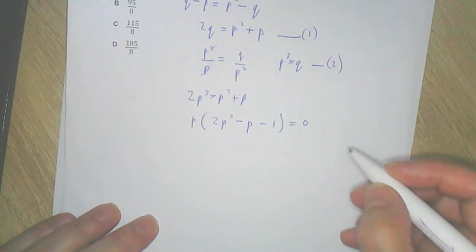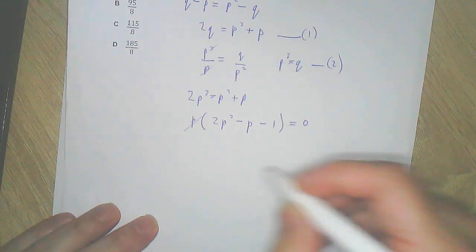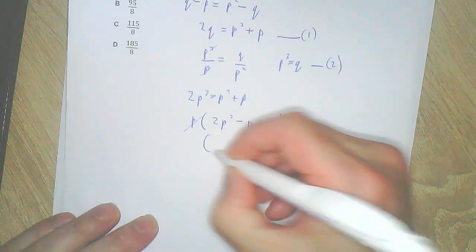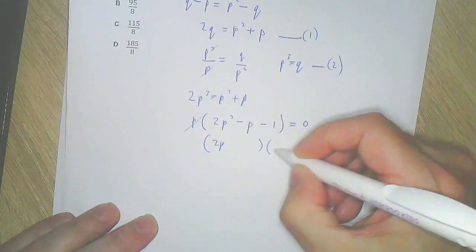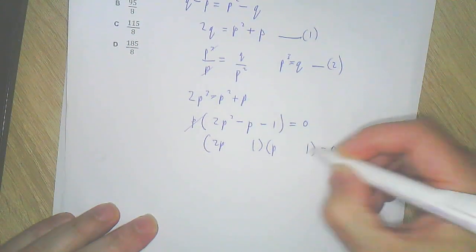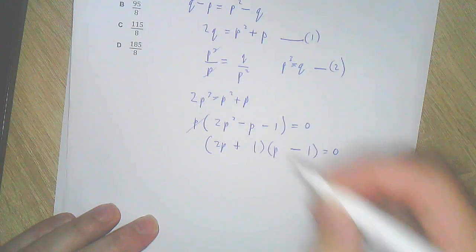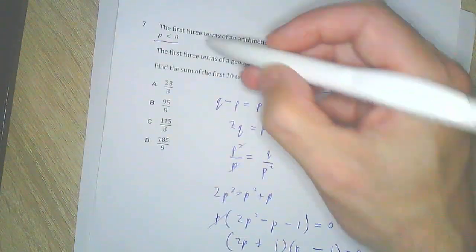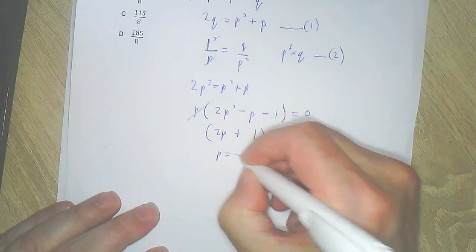Clearly p is less than 0, so we can ignore that p straight away, cancel that. And then we can factorize: 2p and p, 1 and 1. We want minus p in the middle, so we want minus there, plus there. Then we note that p is negative, so we take the negative solution of this, which is p equals minus a half.